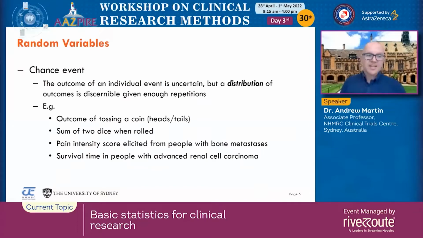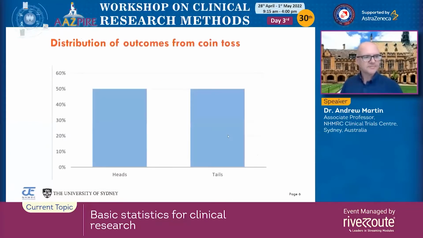And we'll begin with the outcome of tossing a coin. So if we toss a coin, it might land heads side up, it might land tail side up. And we'll progress through these examples to ones that have greater clinical research relevance. So here's an example of a distribution we could build up by getting enough replicated information or repetitions of a coin toss.